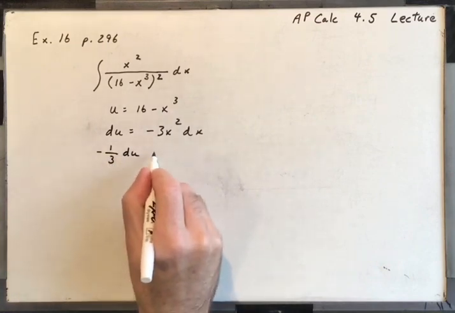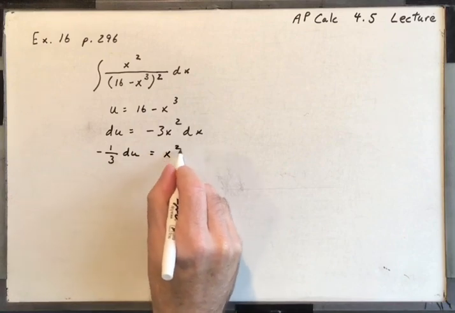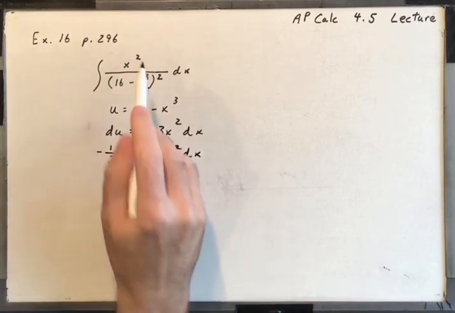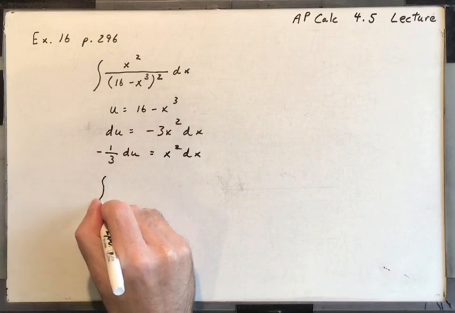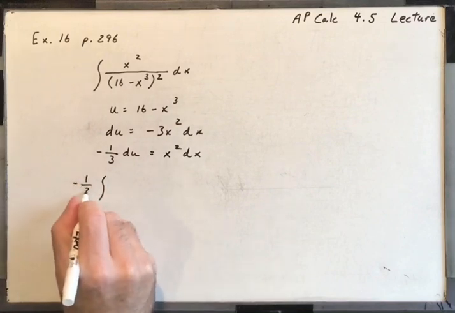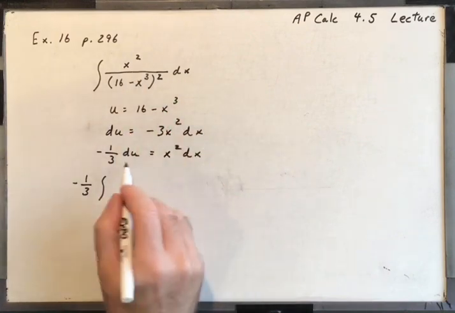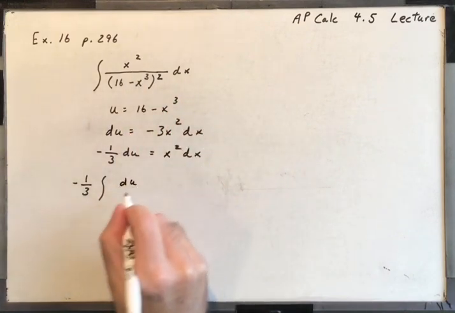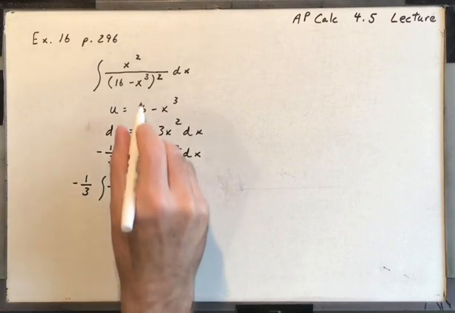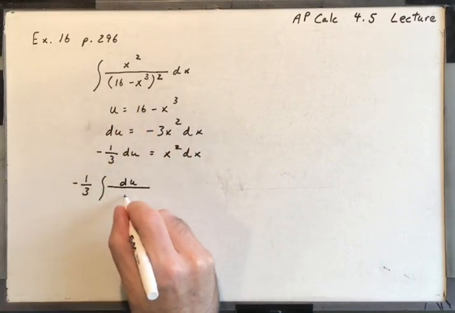So negative 1/3 du is equal to x squared dx. Now I can rewrite this integral in terms of u, a simplified version. x squared dx is du, and then we have on the bottom u squared.